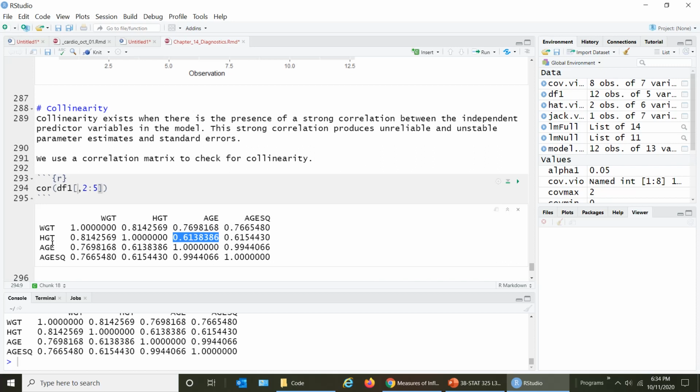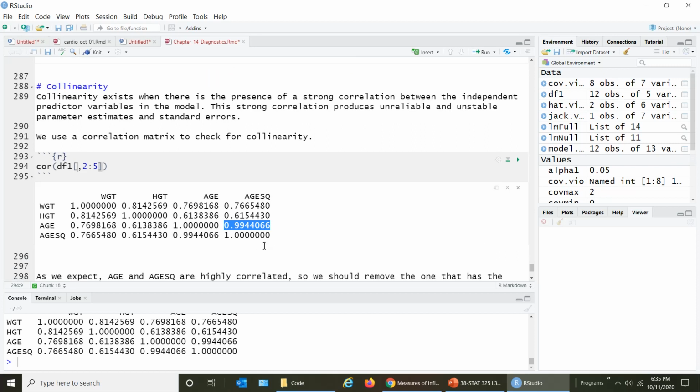All right. So I look here and I see age and age squared is 0.994. That's extremely high. I do not want both of those in my model because there's too much correlation between those two. And it makes sense because age and age squared are obviously the same variable, except age squared is the square of age, right?